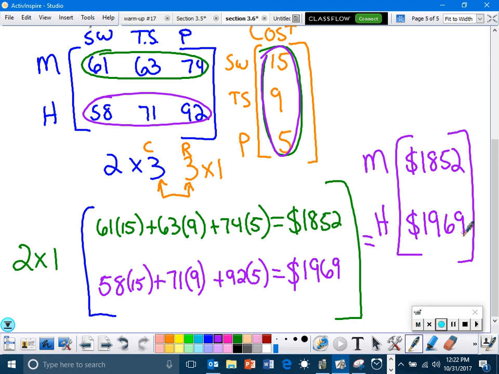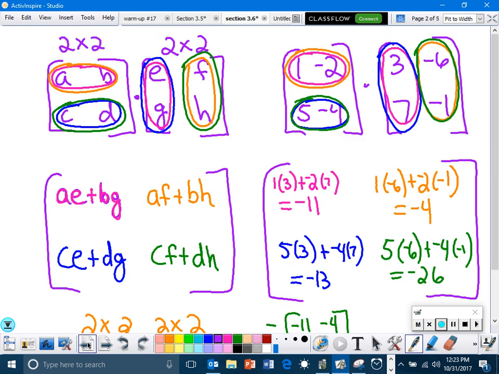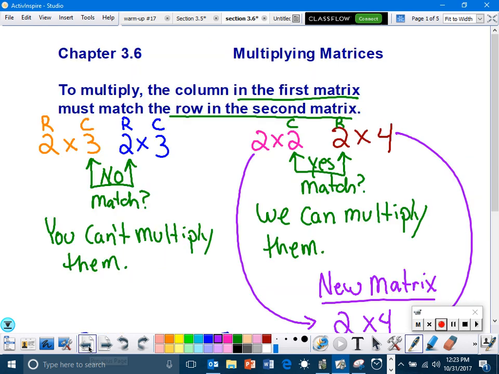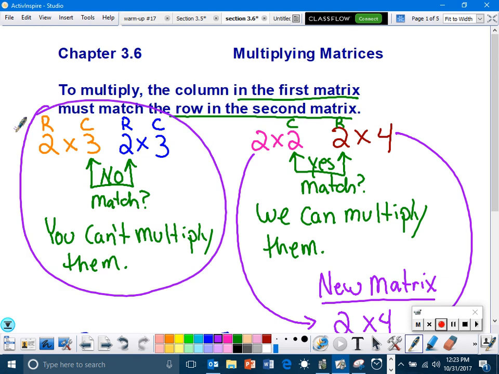At any time, please go ahead and rewind. If you don't remember how we did the multiplication, these examples should be good enough for you to do any matrix. Remember, if they do not match, you cannot multiply them together.